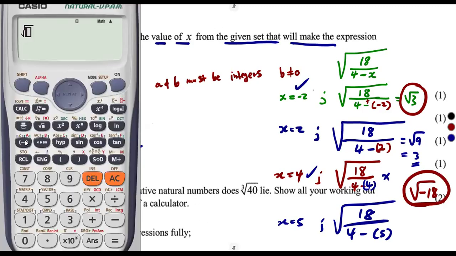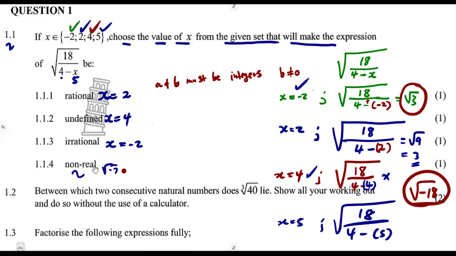We can't simplify this, guys. Take note, the square root of minus 18 cannot be simplified. It has a negative. So these ones are non-real. When we've got a negative under the square root, those are non-real values. So we have a non-real value when x is 5.